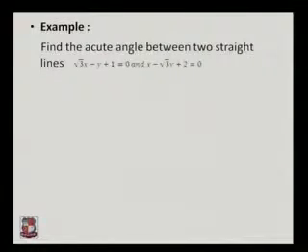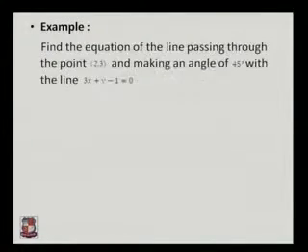So theta is equal to tan inverse 1 upon root 3, and theta is equal to pi by 6. So the answer of this example is theta is equal to pi by 6, which is equal to 30 degree.